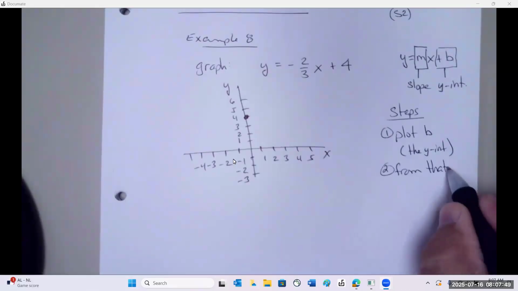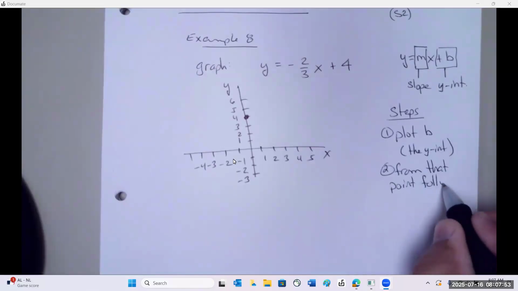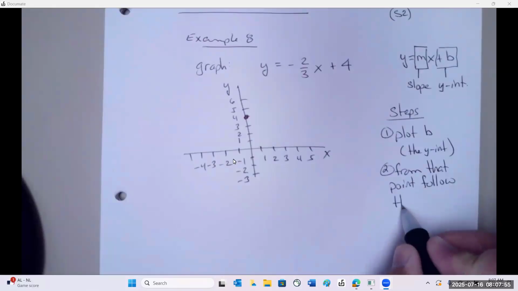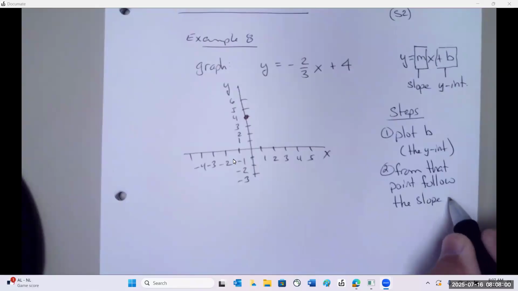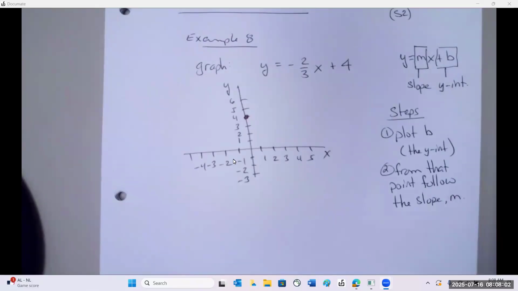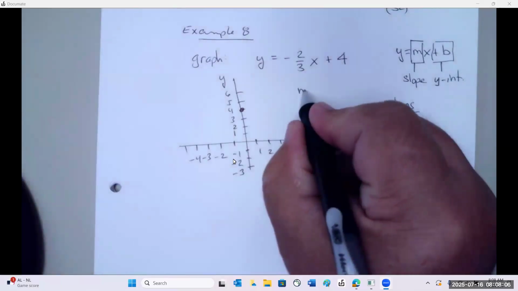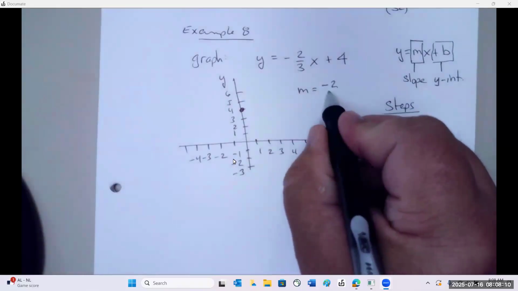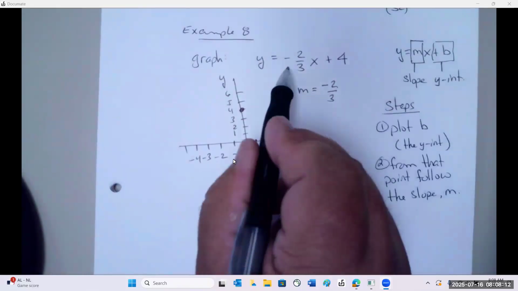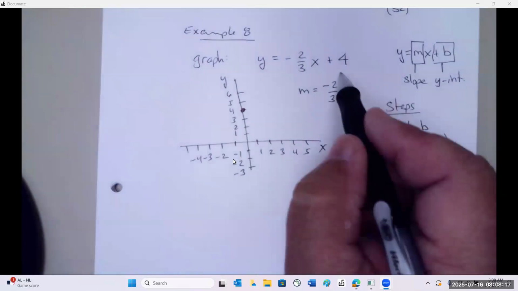From that point, follow the slope, m. So what is our slope? Yeah, -2 over 3. Even though the negative is in front, it never goes to the bottom, always goes on top. So what does -2 mean?